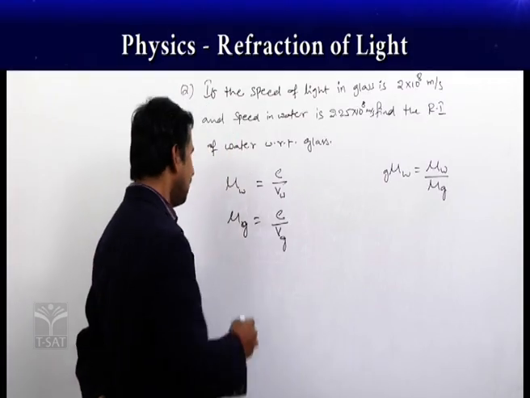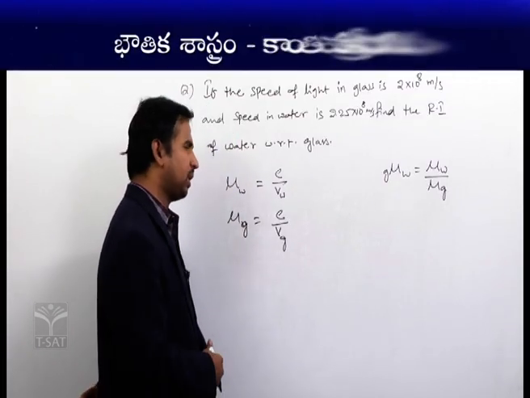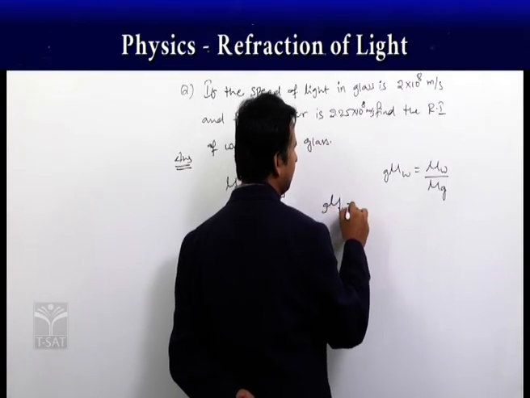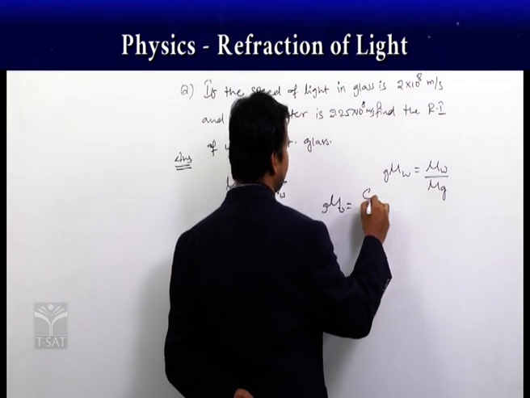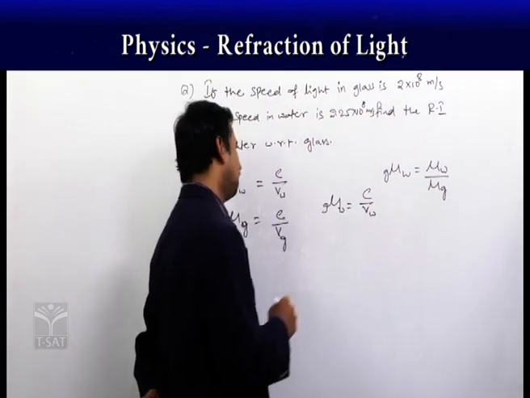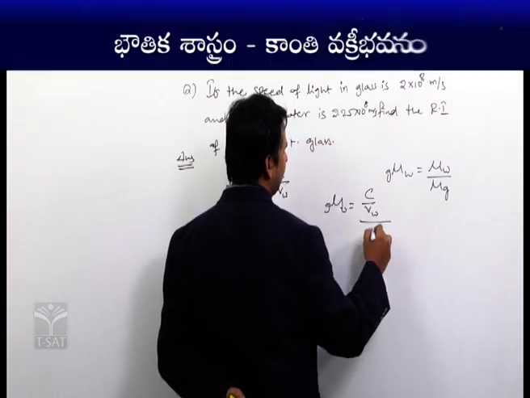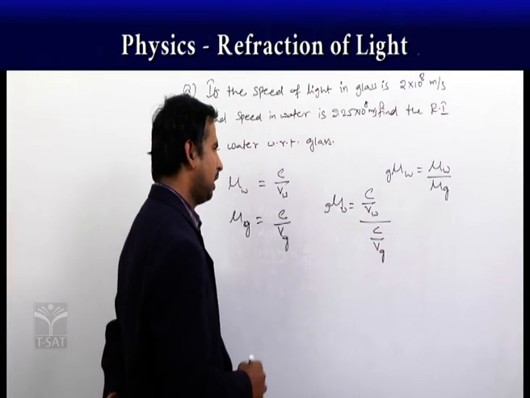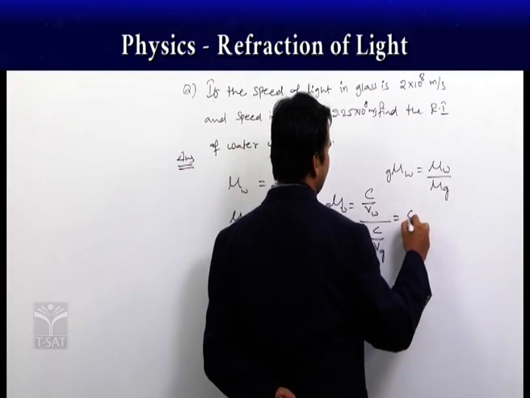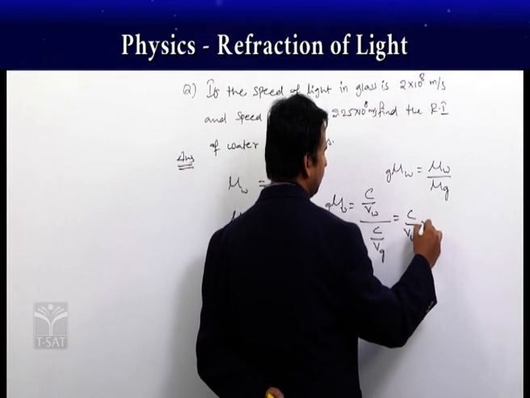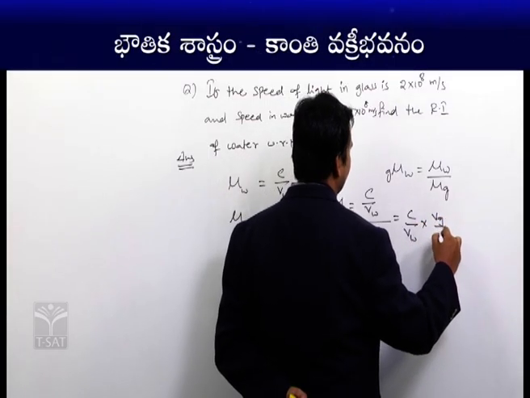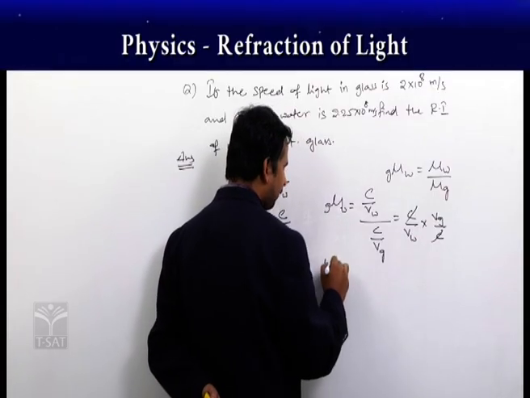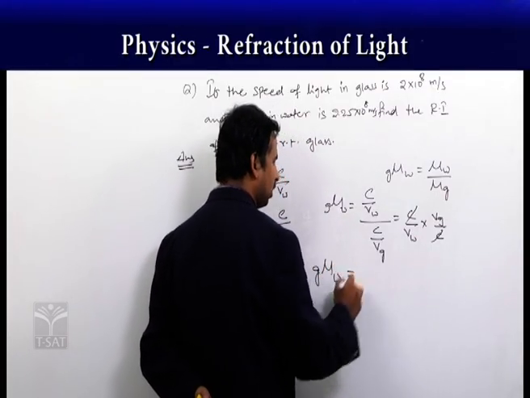As we know that mu is equal to C by V, then mu water is C by velocity in water, divided by mu glass, C by velocity in the glass. Then we get C by velocity of light in water into velocity of the glass by C. Then C gets cancelled.